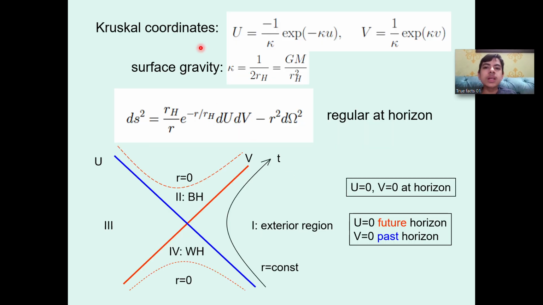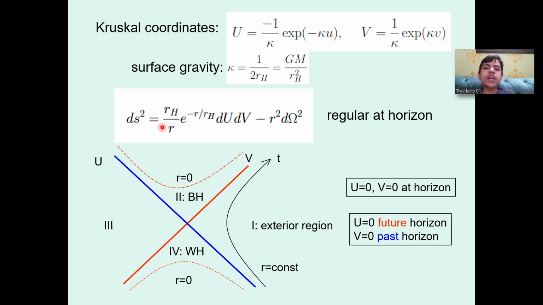The critical coordinates are as follows: U equals negative 1 over k times e to the power of negative ku, whereas V equals 1 over k times e to the power of kv. For the surface gravity, the equation we use is k equals 1 over 2 r_h, which equals GM over r_h squared.